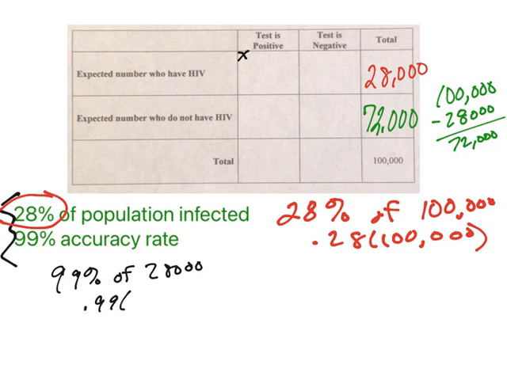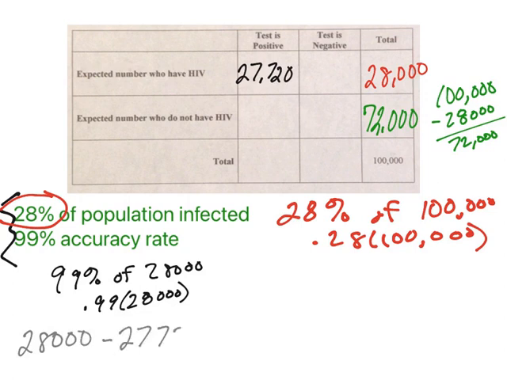So I take 0.99 multiplied by 28,000, and that gives me a positive test number of 27,720. Now, same idea. If I have 28,000 people who have HIV and 27,720 test positive, that means 280 test negative, because there's always that little bit of fluctuation there.